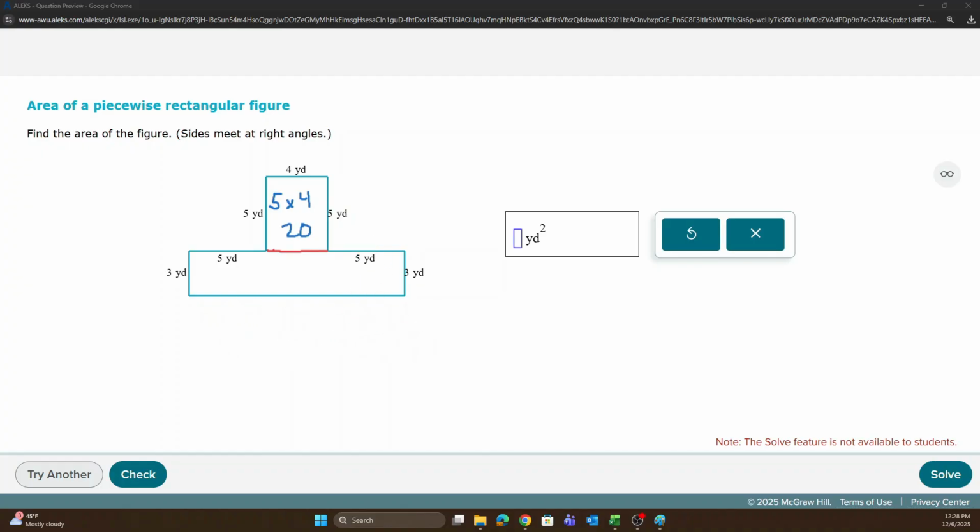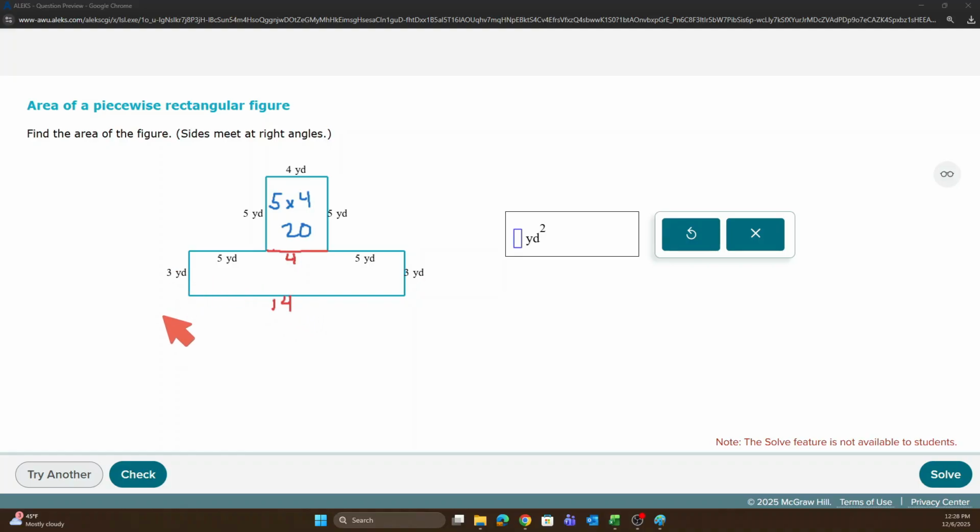For us to be able to determine our bottom rectangle here, though, we need to figure out this length here. So we have 5 here, 5 here, and 4 here. Well, all of these across are going to add up to this one, especially since this red line here is also 4. So 5 plus 4 plus 5 is 14. That means that this bottom here is 14.